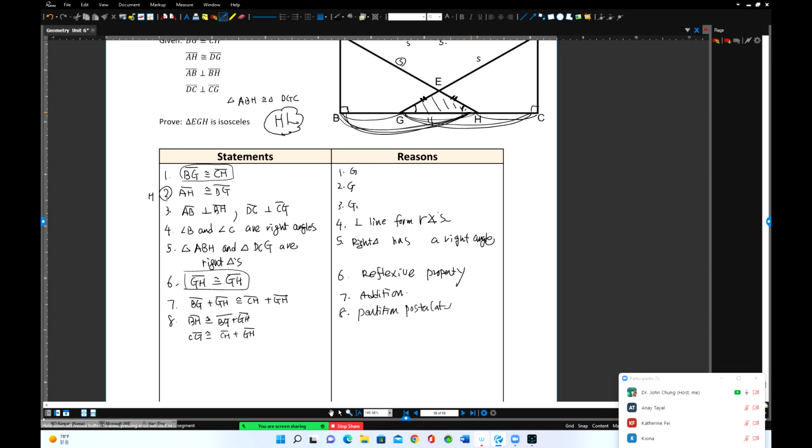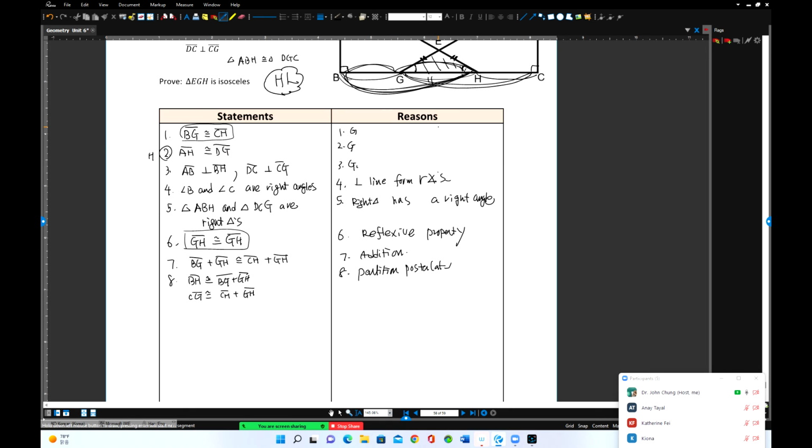The whole is equal to the sum of each part, or a part is the sum minus the other part. They both were partition postulate. Now replace with this one. BG plus GH is BH. Now we can say BH congruent to CG, substitution of congruence.